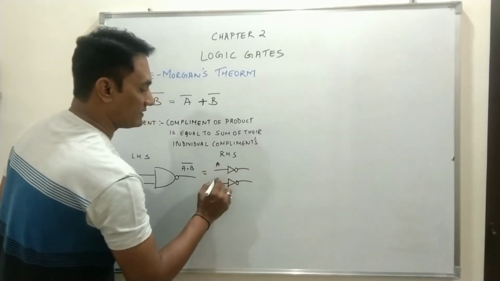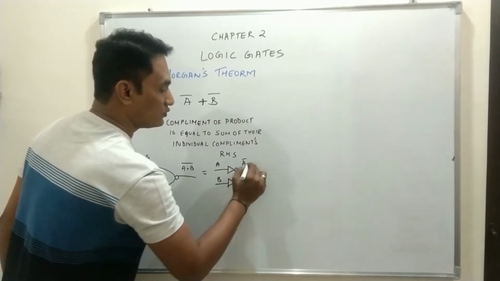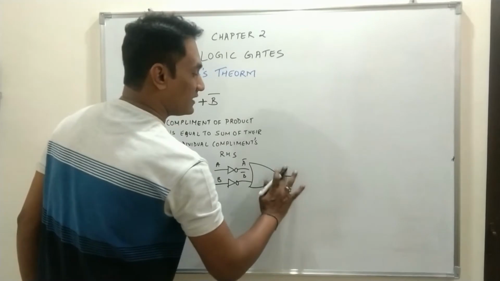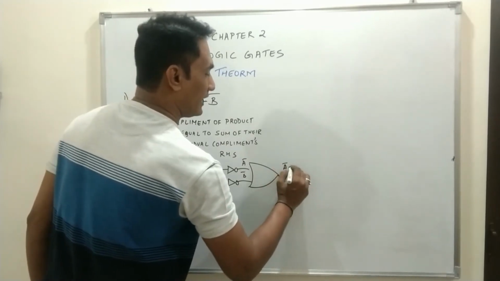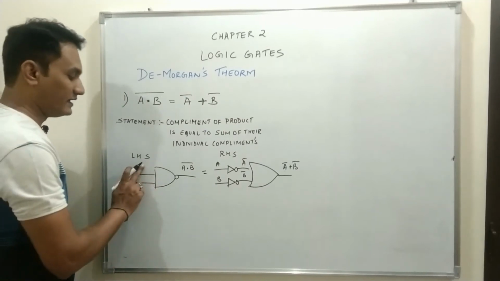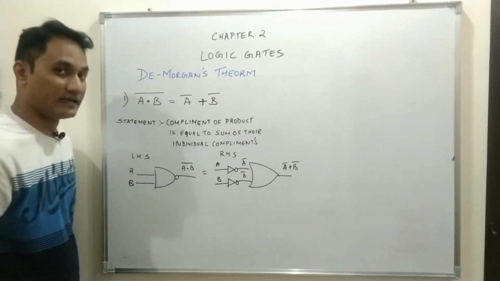So this is A, this is B, this is A bar, this is B bar, and these two are connected by a plus sign. That indicates OR operation, so it will be A bar plus B bar. So this is the logic diagram for the left hand side, and this is the logic diagram for the right hand side.